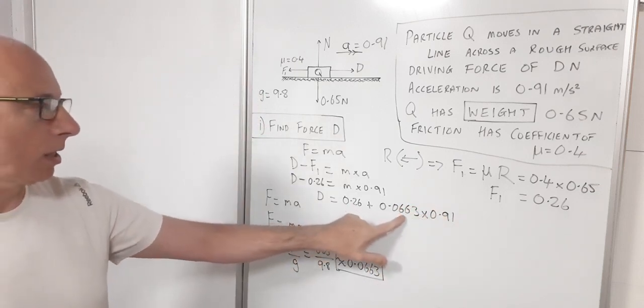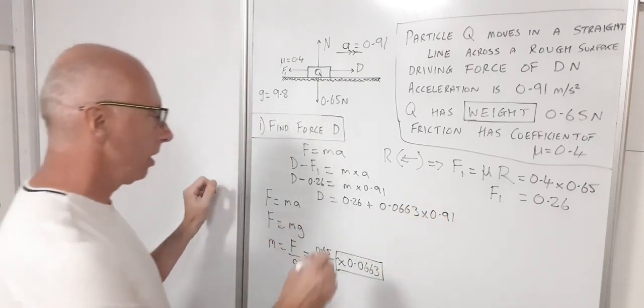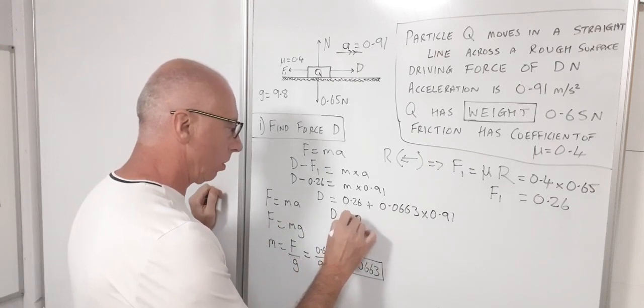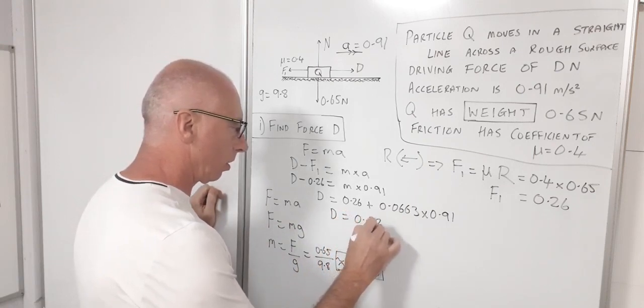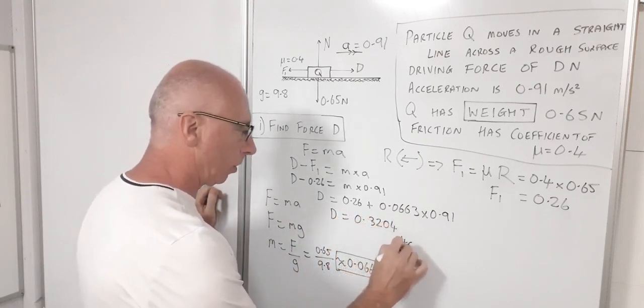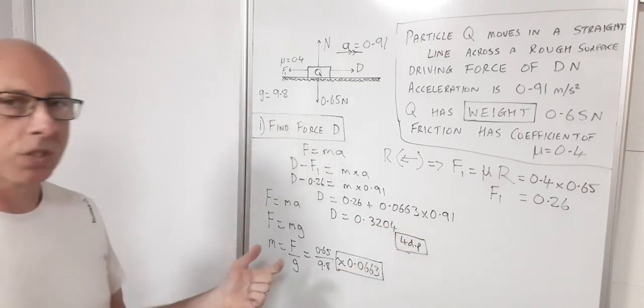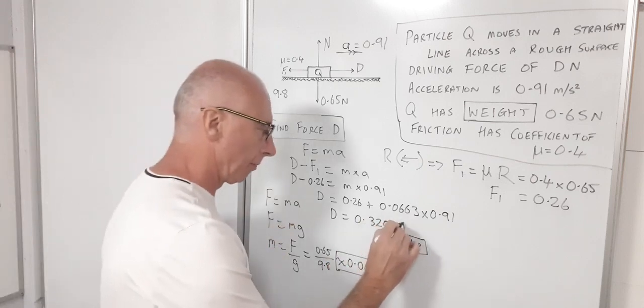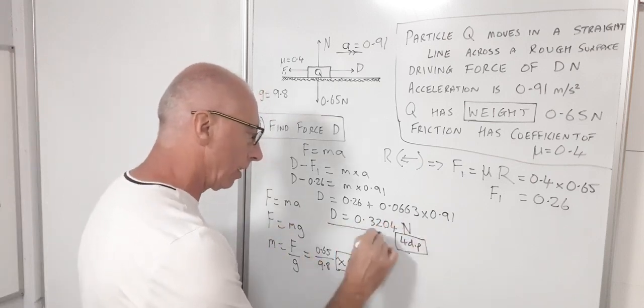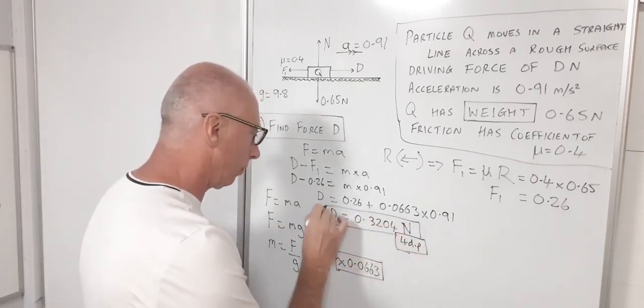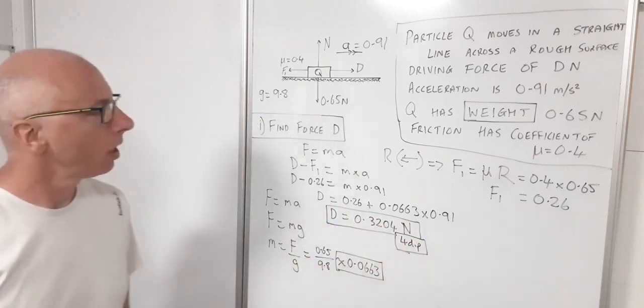So 0.26 plus these multiplied together, D is going to be 0.3204 to 4 decimal places. And the unit of that is going to be newtons. So that is our answer for the force D.